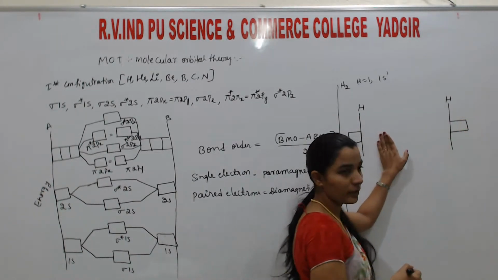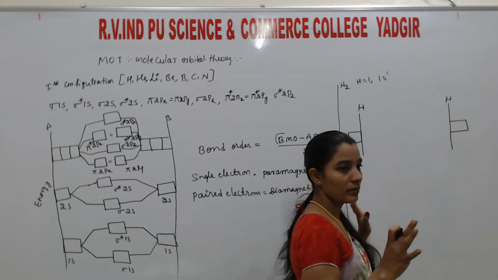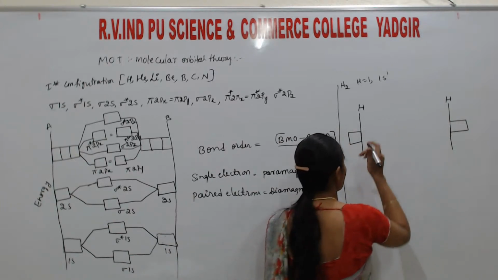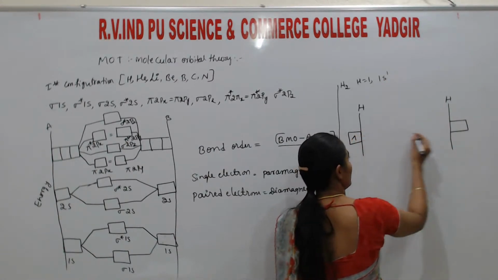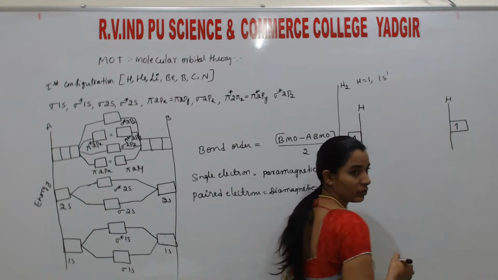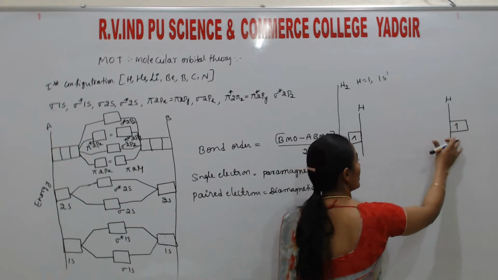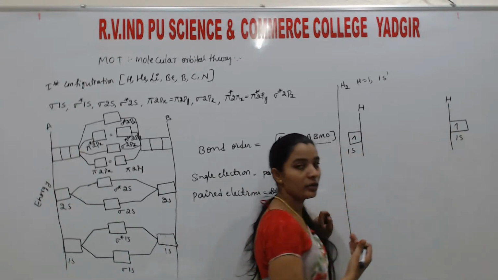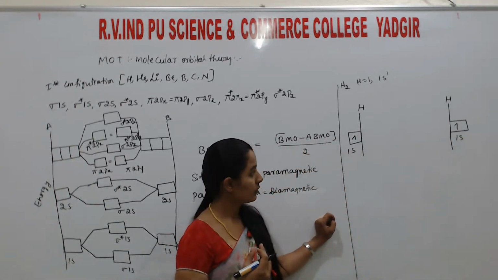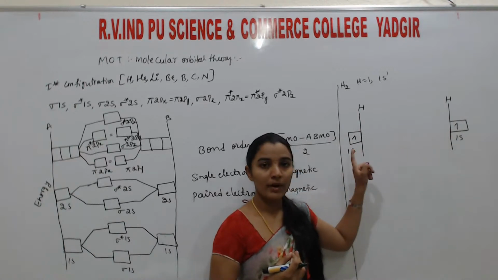Now, the combination of the atomic orbitals is the big necessity. Okay? How many electrons are there? In one hydrogen only one electron. Here also only one electron. If two atomic orbitals, 1s and 1s, combine with each other, how many molecular orbitals will form? Two atomic orbitals are combined with each other.